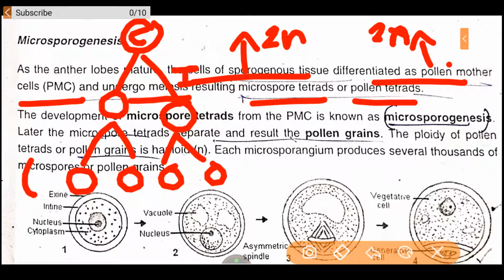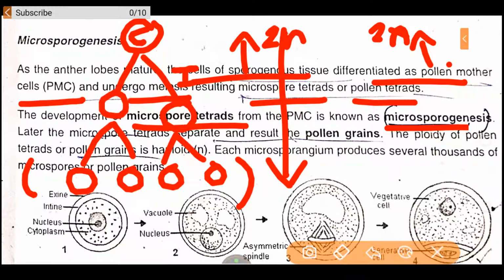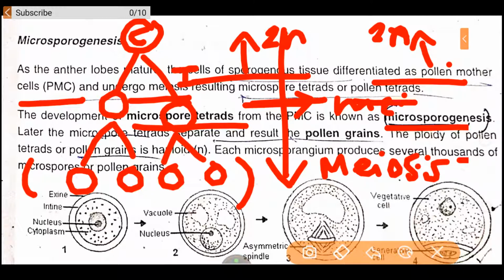These four cells are called microspore tetrads. The formation of microspore tetrads from the PMC is known as microsporogenesis. How many meiosis? Only one.